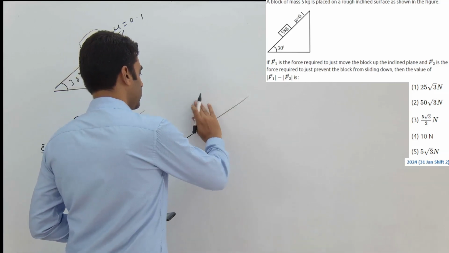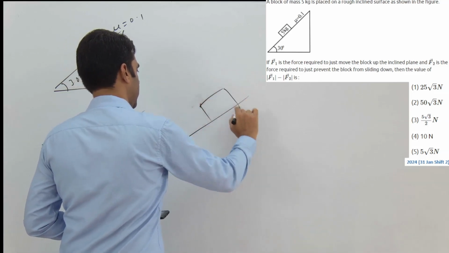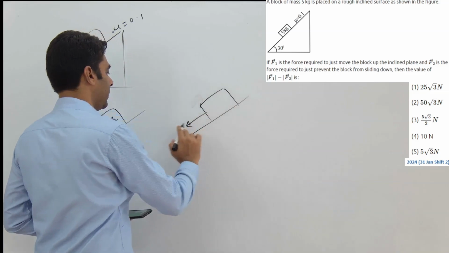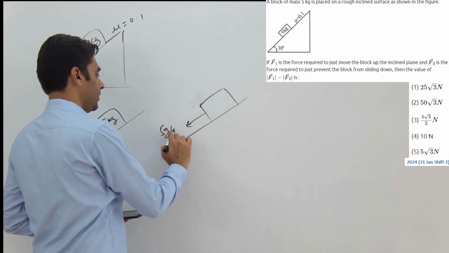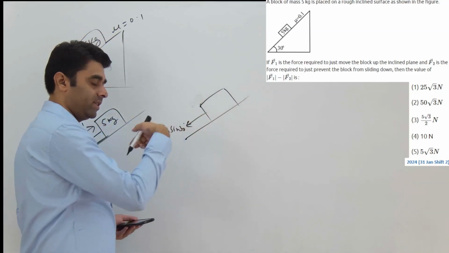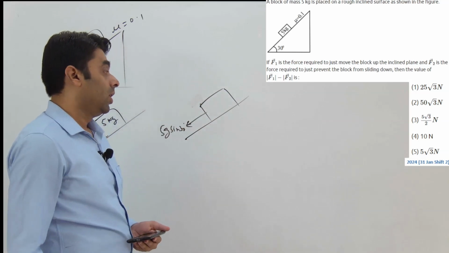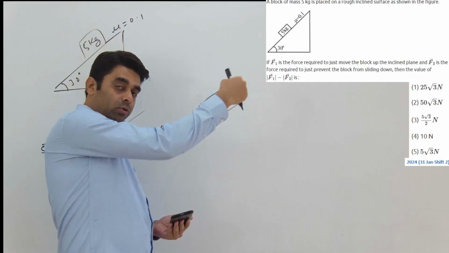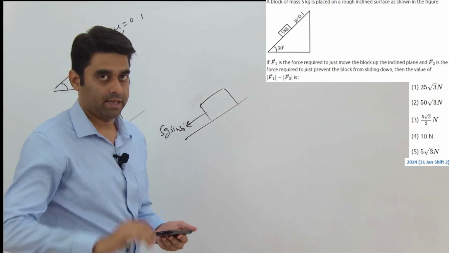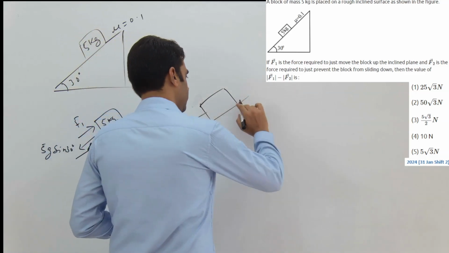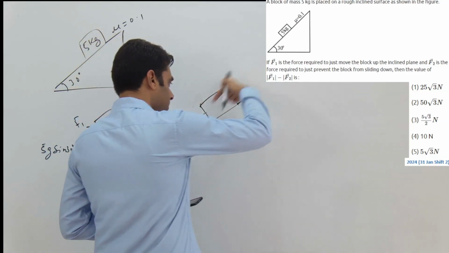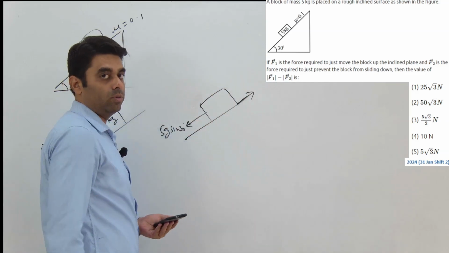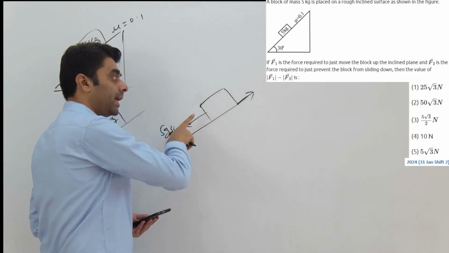Next it says, F2 is the force required to just prevent the block from sliding down. Now, what all forces are there? 5g sin 30 is acting downward, that is fixed. The block has a tendency to slide down and friction is unable to hold it, which implies friction is acting in the upward direction.